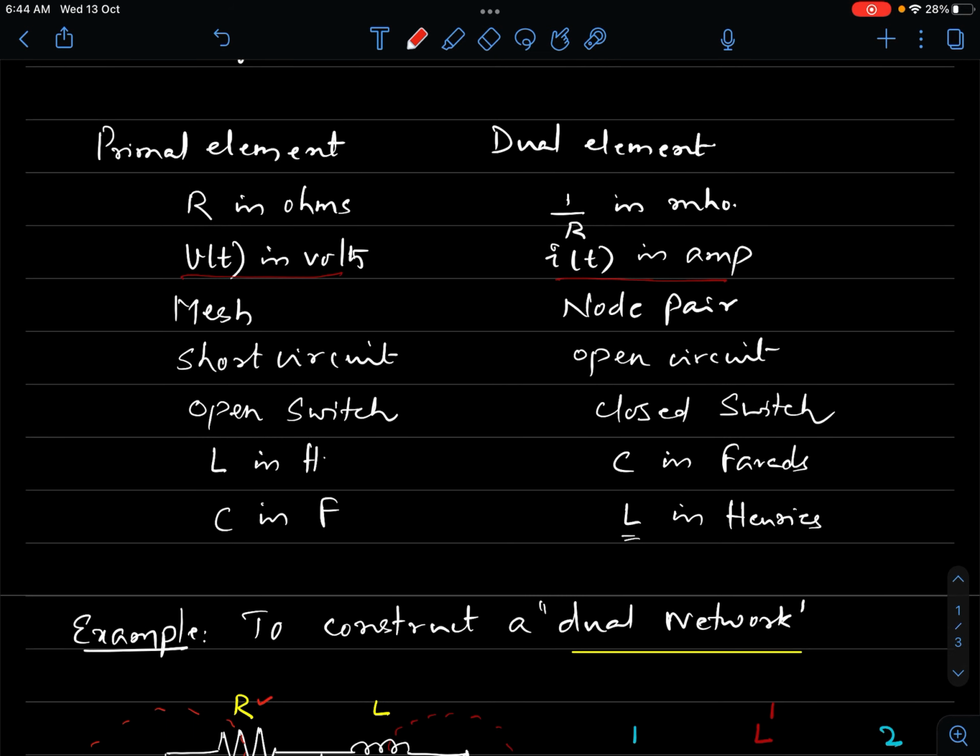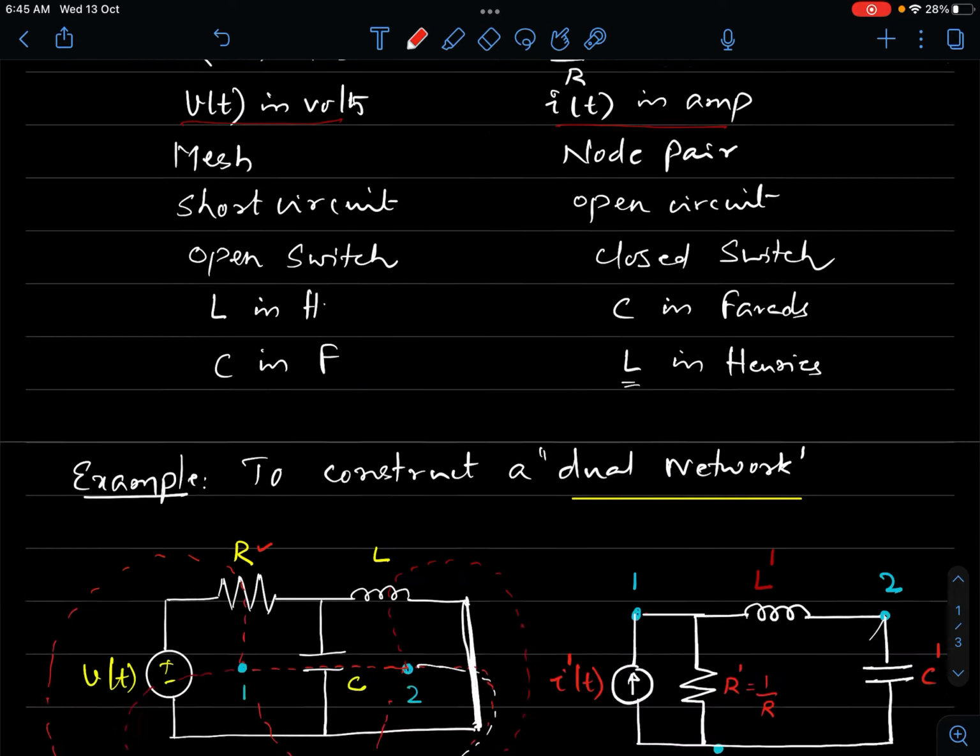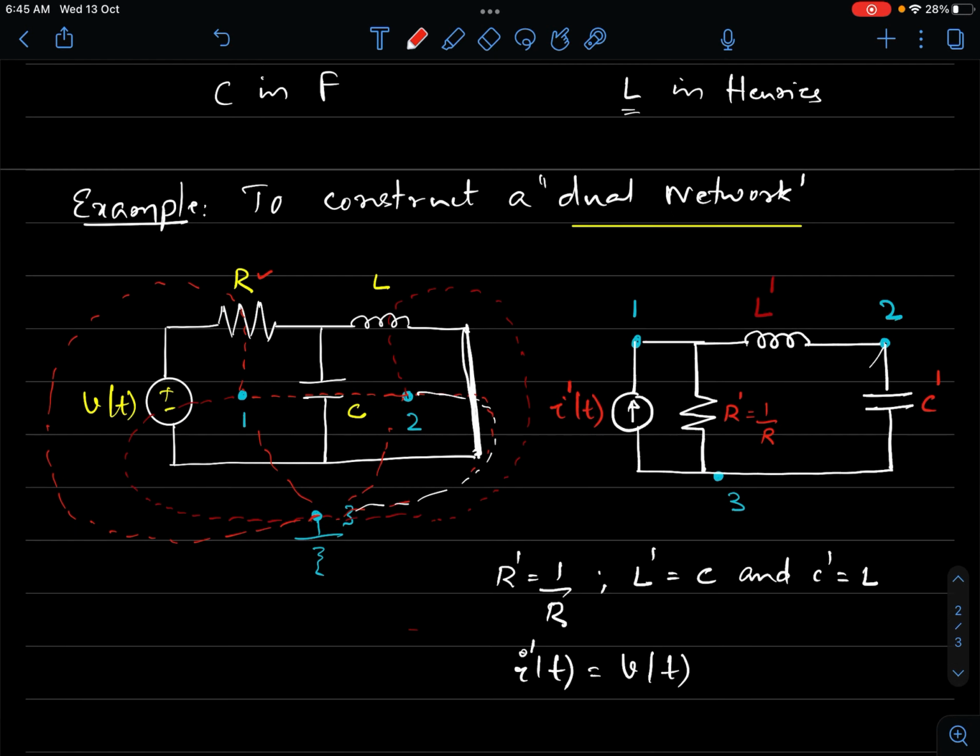So all we have to remember is this table. This table is of importance. We need to remember what each element in the primal network would correspond to as a dual element in the dual network. If we can understand this, one can easily construct the dual network by following the procedure. So the network constructed in this manner is the dual network of the original network.